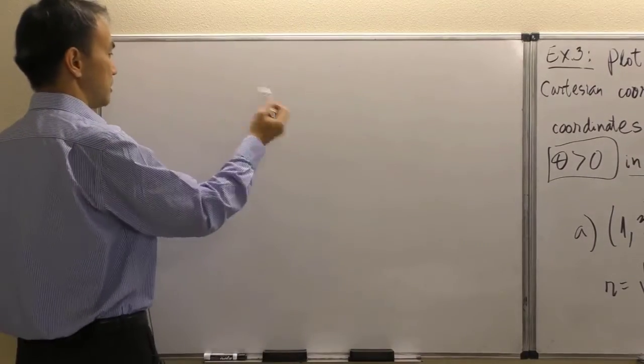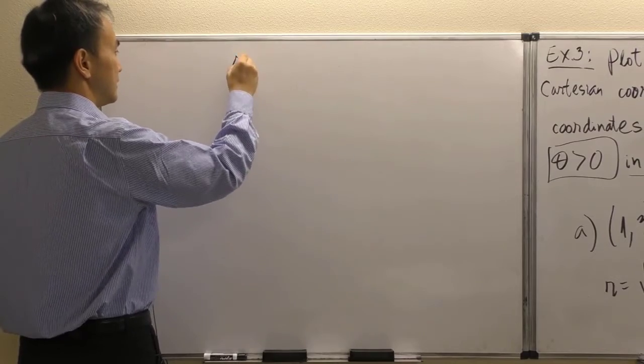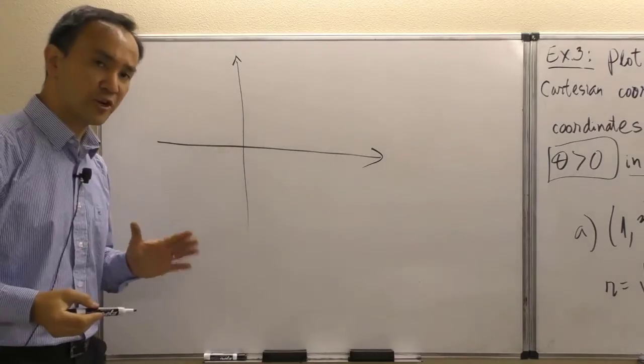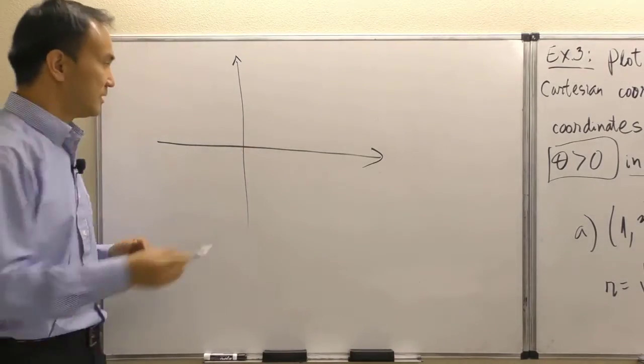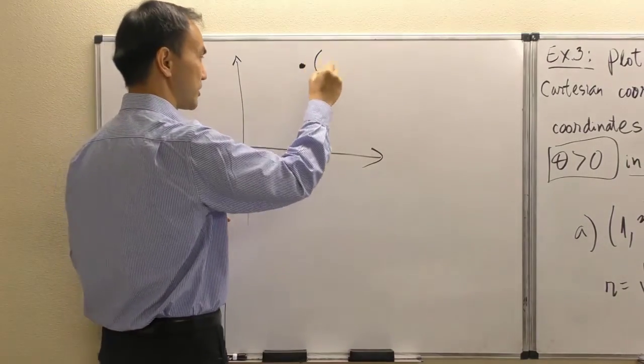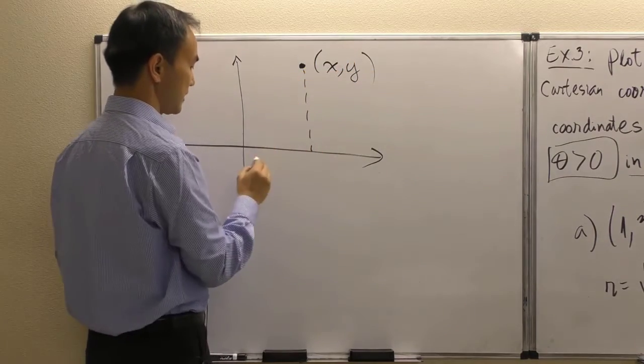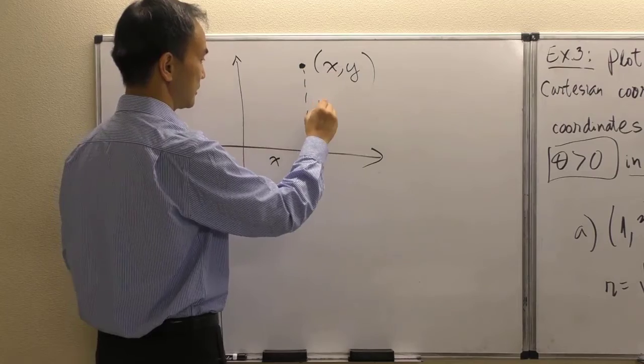All right, so from past trigonometry understanding again, any point in rectangular coordinates or Cartesian coordinates, y coordinate is here, x coordinate is here. This is x, this is y.